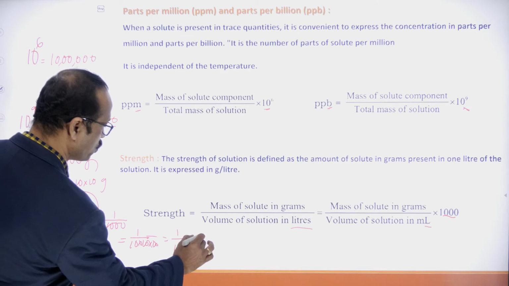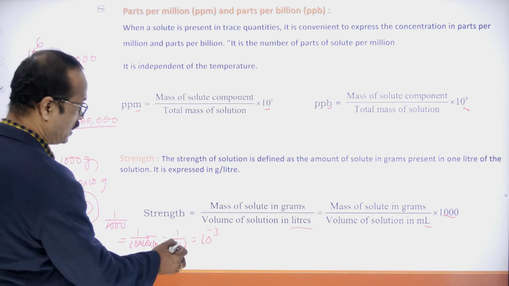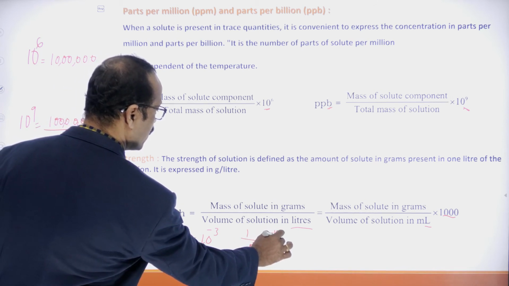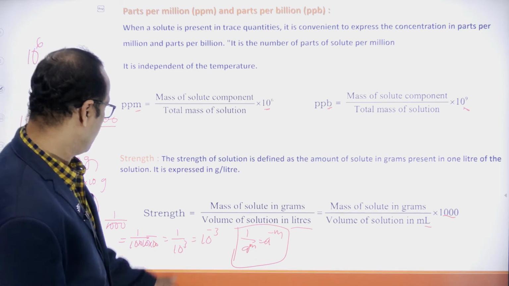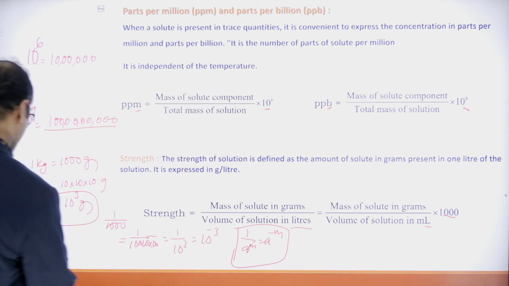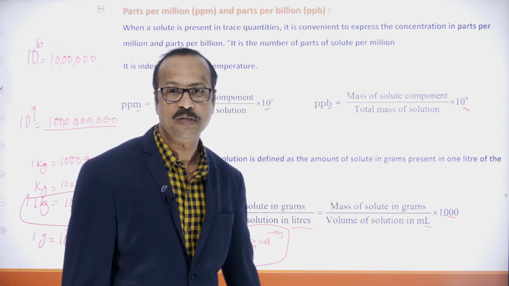When 10 cube goes up, it becomes 10 to the power of minus 3. You might have studied in algebra that 1 by a to the power of m is equal to a to the power of minus m. Similarly, remember 1 gram is equal to 10 to the power of minus 3 kgs and 1 kg is equal to 10 to the power of 3 grams.